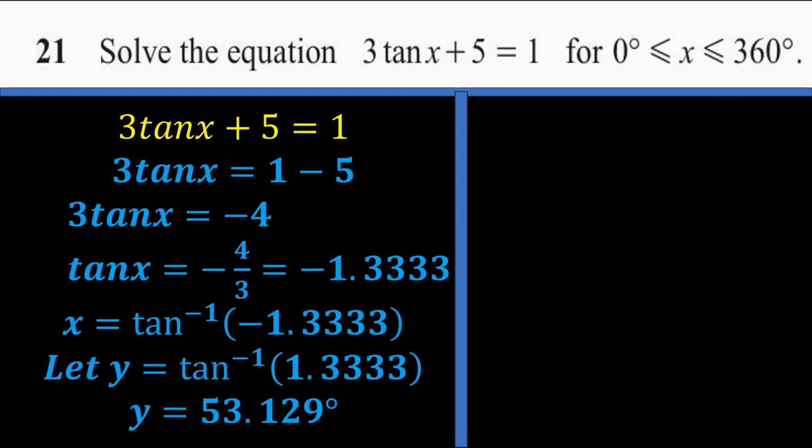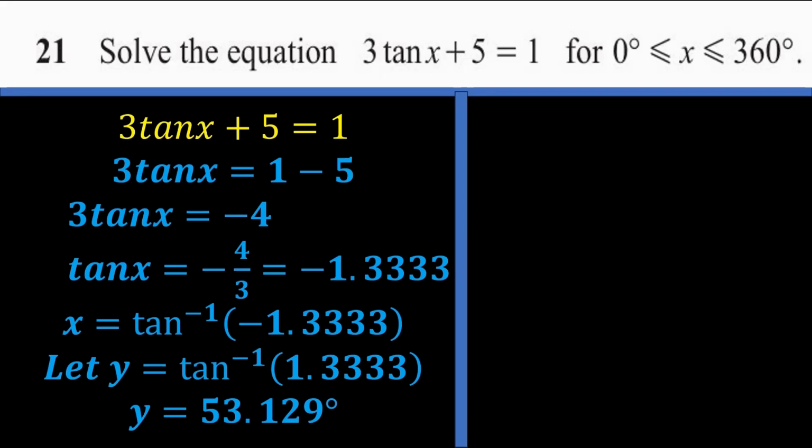So for the fact that it's negative, we are going to look at first the acute angle, where tan is positive, the angle that will give us 1.33333, not the negative this time. If we take the tangent of that angle, we get 1.33, so that angle will belong to the first quadrant. So what we do here is just to assign it.